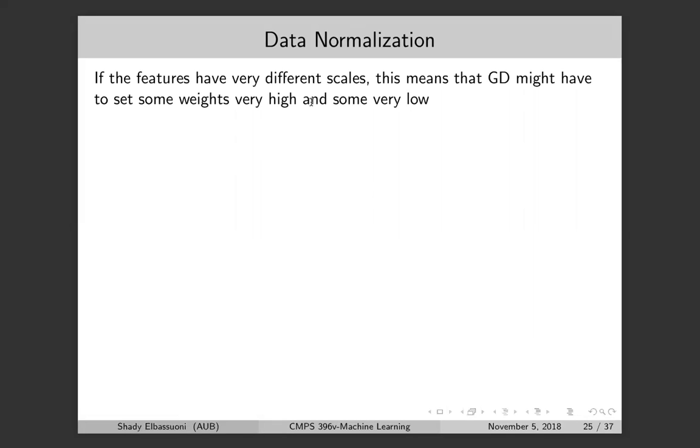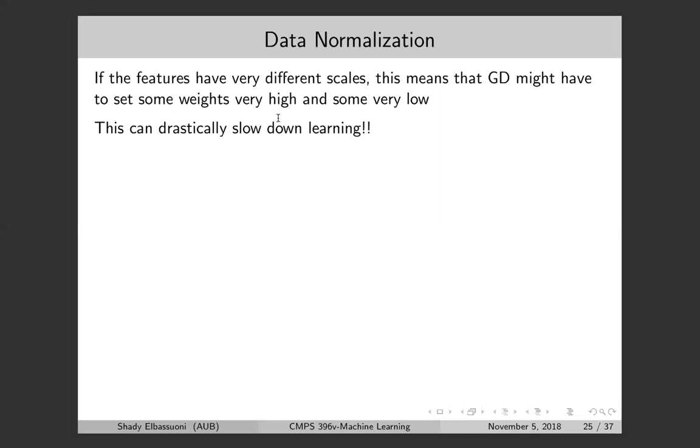If the features have different scales, for example one feature is from 0 to 1 and another feature is from 100 to 1000, this causes a lot of problems when training a neural network. Gradient descent might have to set some weights very high and some very low, because it wants to match the scale of the feature. So this causes a lot of issues.